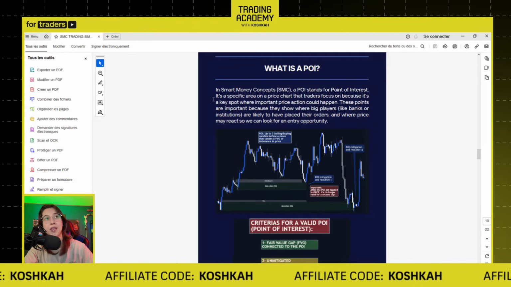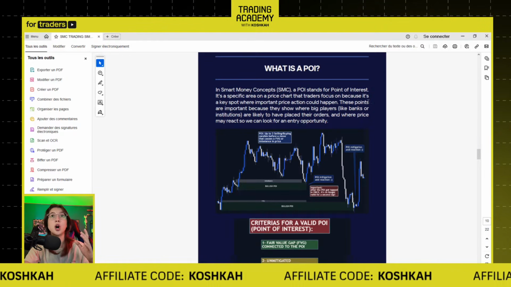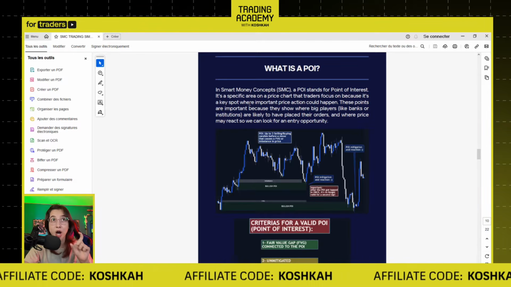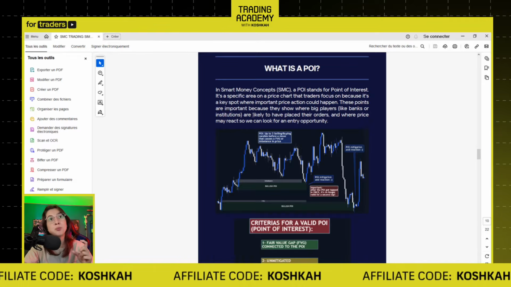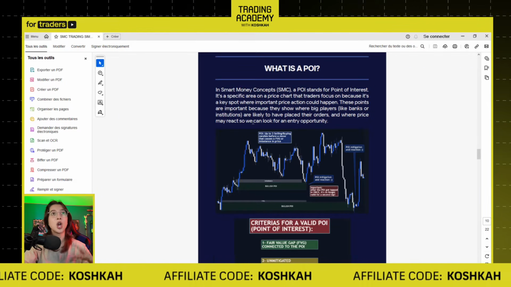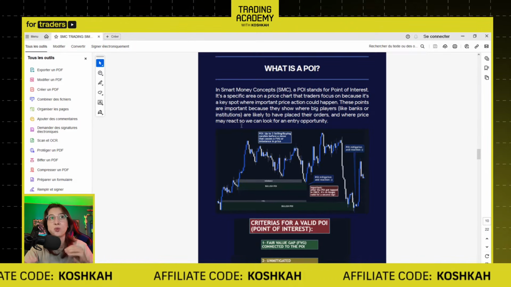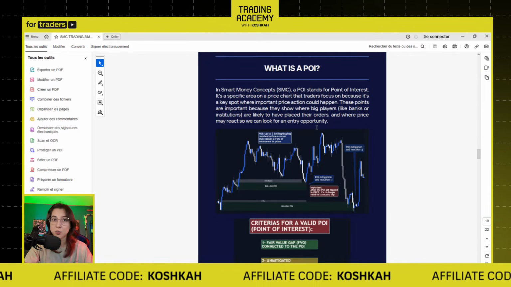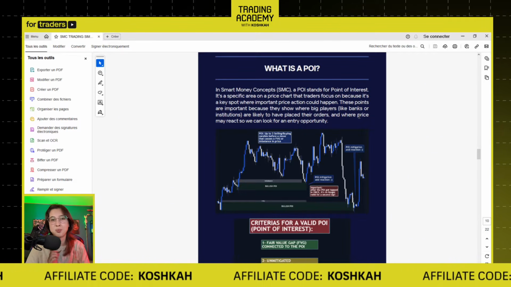It's a specific area on a price chart that traders focus on because it's a key spot where important price action could happen. These points are important because they show where big players like banks or institutions are likely to have placed their orders and where price might react, so we can look for an entry opportunity there. This is the basic main point about what a valid POI is.